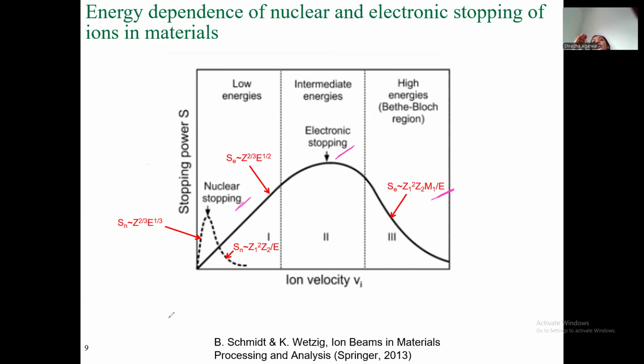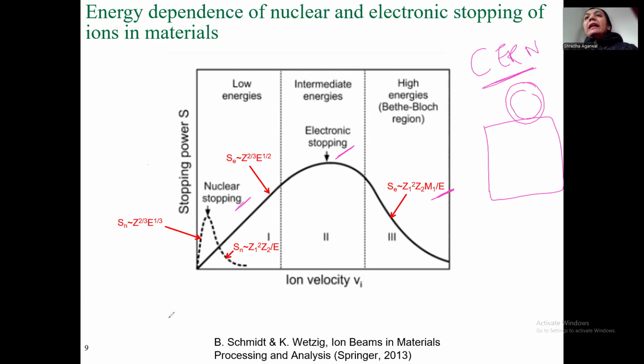High energy would mean, have you heard about the Large Hadron Collider, LHC, CERN, where they have a big accelerator, LINAC, where they're accelerating particles to an energy of 1 GeV? We talk about that kind of range to see a very strong electronic energy loss component.